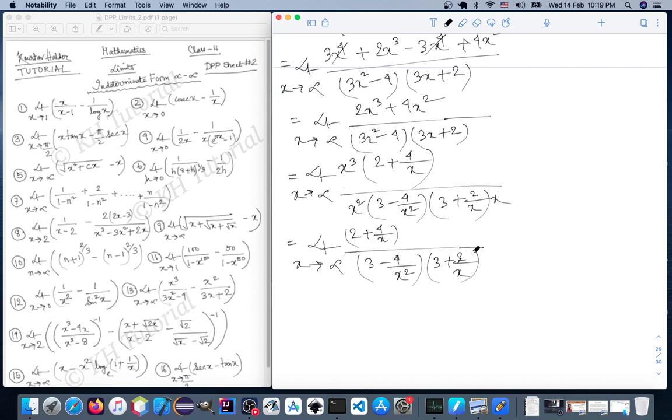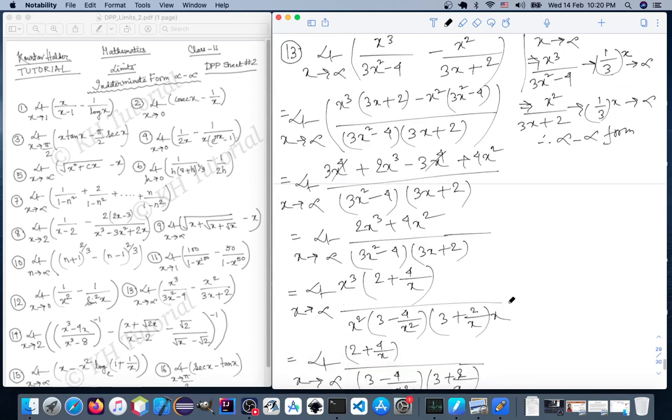The 4 by x will become 0 as x is tending to infinity. Also the 4 by x square will become 0, and also the 2 by x will become 0. So the answer is (2 plus 0) over (3 minus 0)(3 plus 0), which equals 2 by 9.